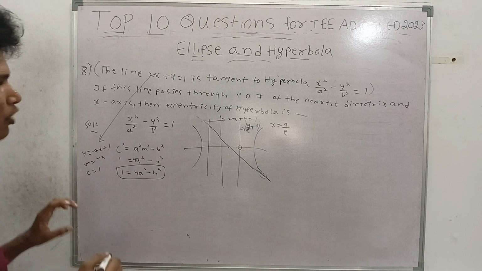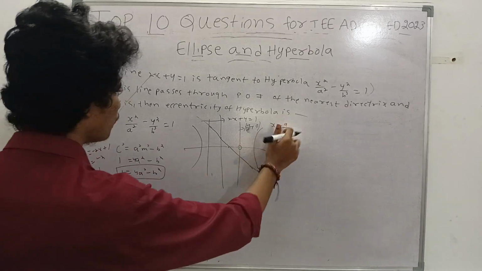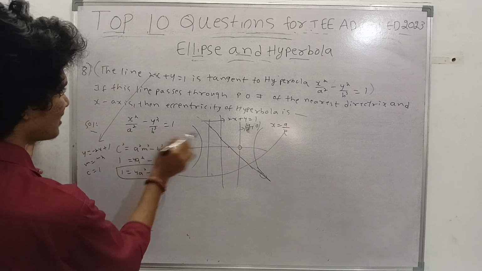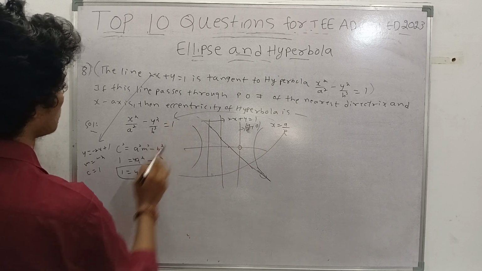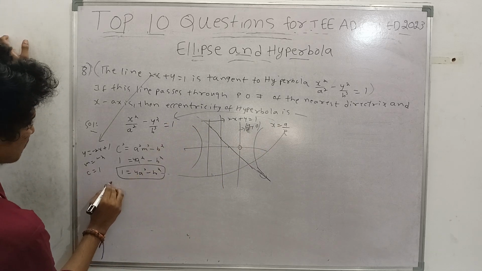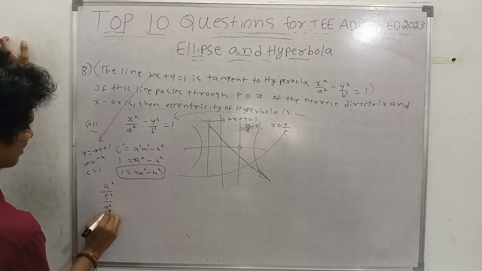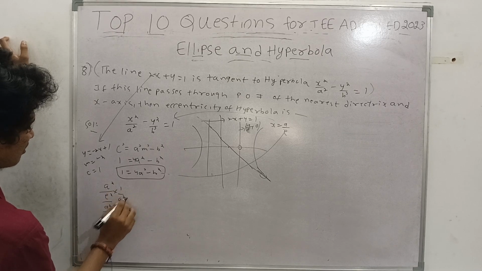So now very important thing. X equal to a by e, we have to substitute in this hyperbola part. X square, that is a square divided by e square, divided by a square, by 1, it will be 1 by a square.